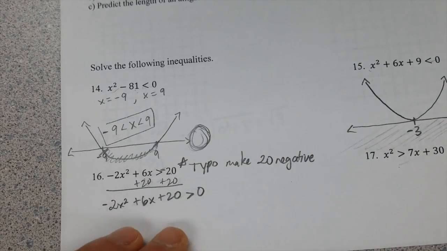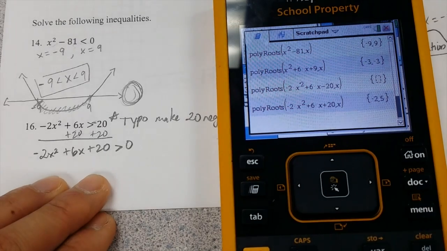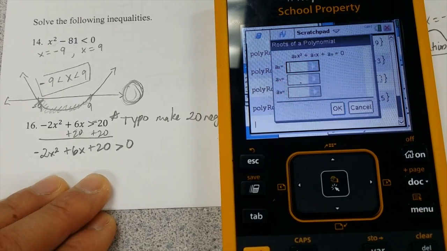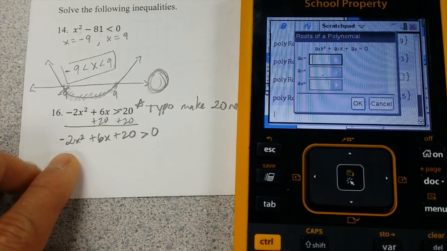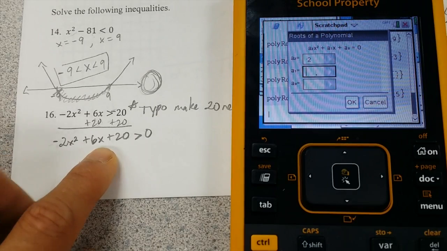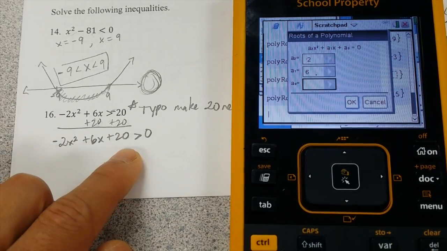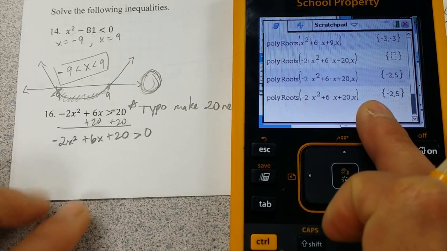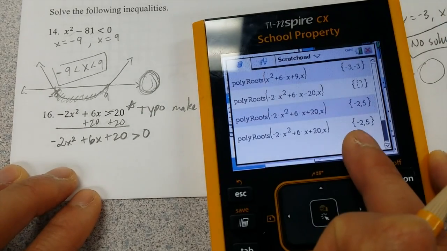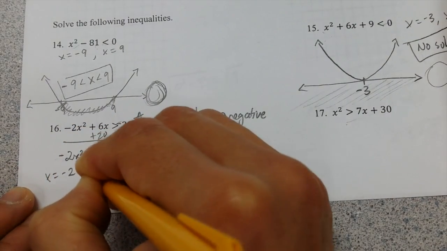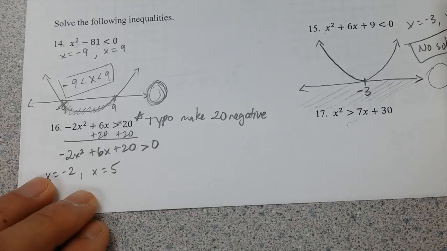Now we have to factor this. So go Menu 3 3 1, and the coefficient in front of x squared is negative 2. The coefficient in front of x is 6, and the constant is 20. So we get that x equals negative 2 and x equals 5.